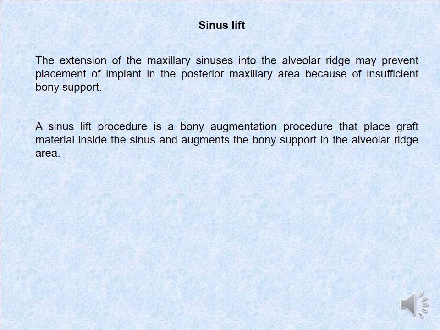Another topic in pre-prosthetic surgery is the sinus lift. What does sinus lift mean? The extension of the maxillary sinus into the alveolar ridge may prevent placement of implants in the posterior maxillary area because of insufficient bony support. A sinus lift is a bony augmentation procedure that places graft material inside the sinus and augments the bony support in the alveolar ridge.